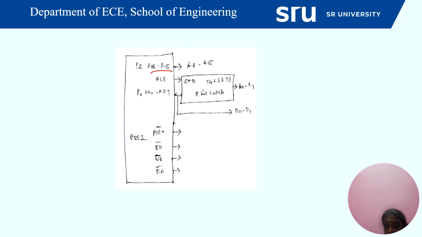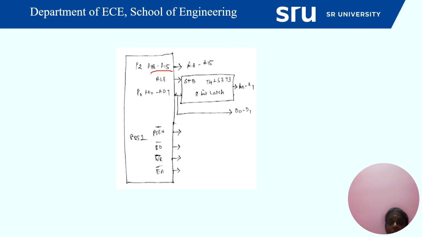In the case of the lower byte, it carries either address or data, which would become confusing. So we use a latch to store the lower byte address. In this way, the address is separated from the data so that both cannot mix at any time.